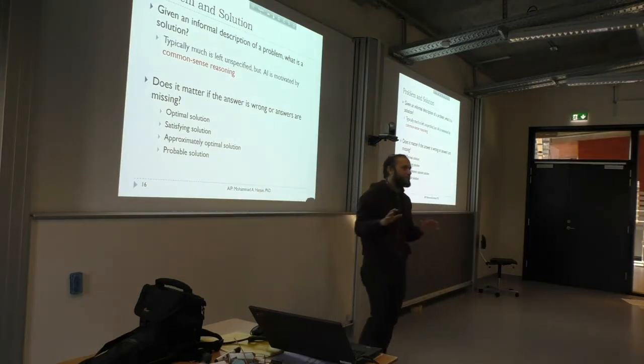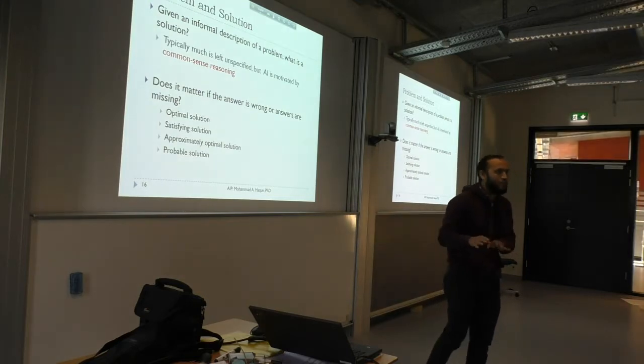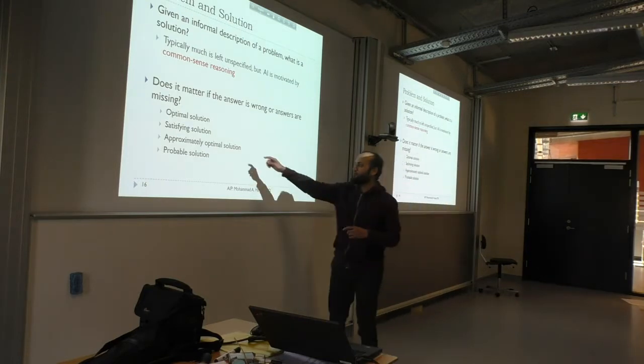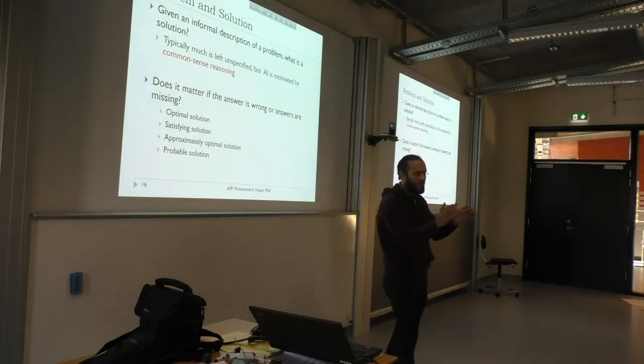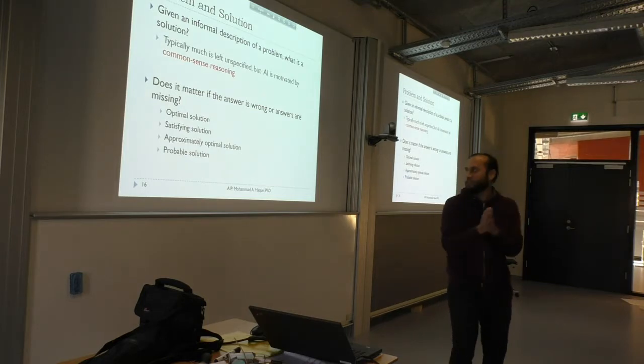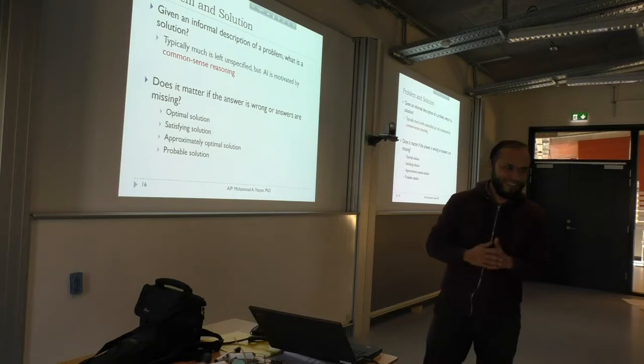Satisfying is when I am satisfied, even though you are not using the resources fully, or you are not giving the best performing system. Approximately optimal solution is considering the limitations and then giving the best one based on them. And the last one is probable solution. It means that there can be many solutions, and this is one of the many.